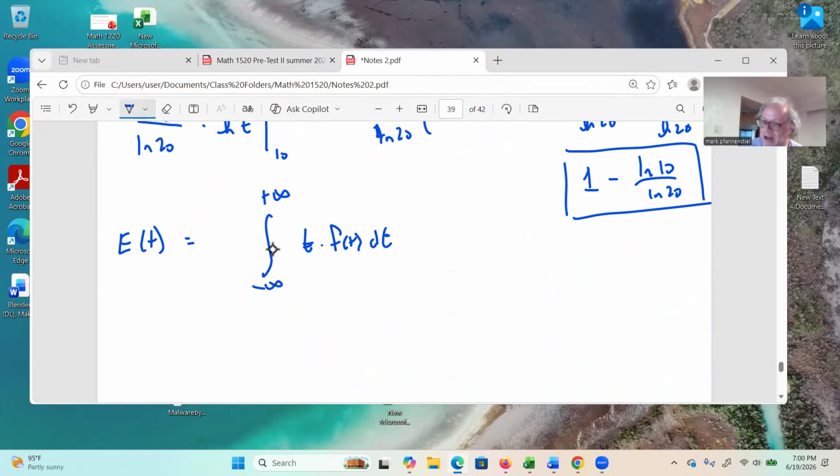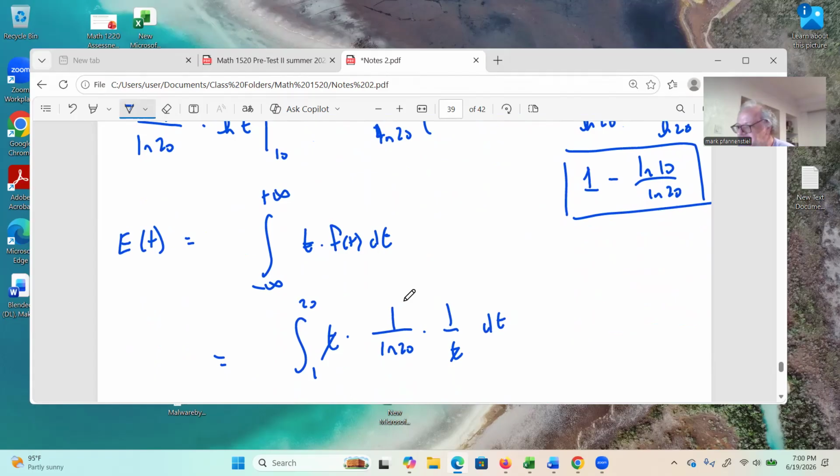So normally we would have an improper integral here, but where is our probability distribution defined? Between 1 and 20. So this is the integral from 1 to 20 of t times 1 over the natural log of 20 times 1 over t dt. And then, those cancel. It's almost like I got this out of a textbook somewhere.